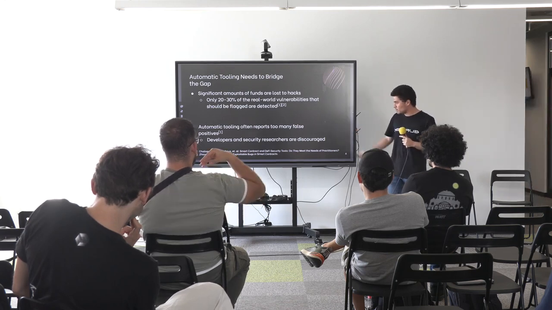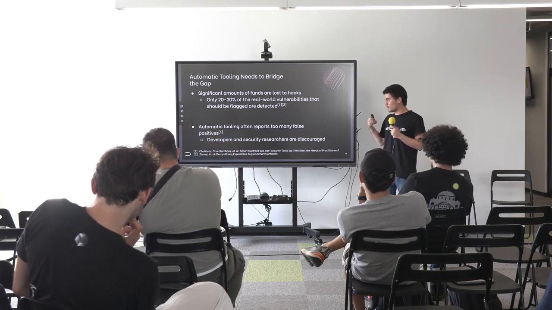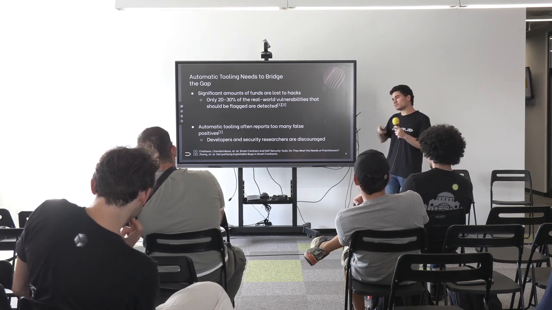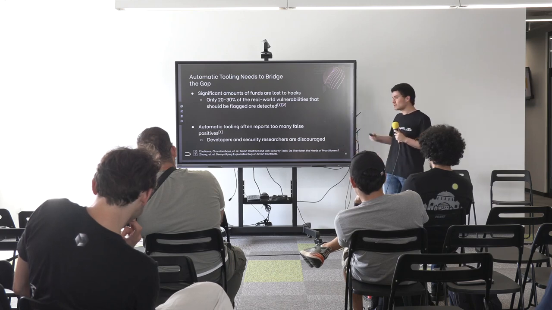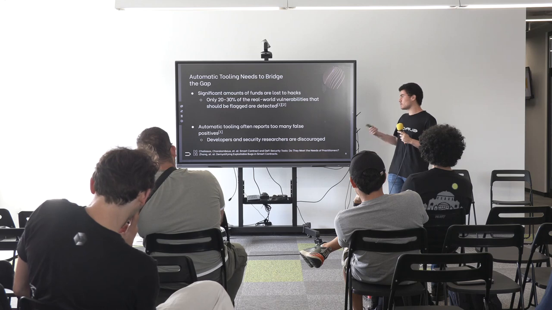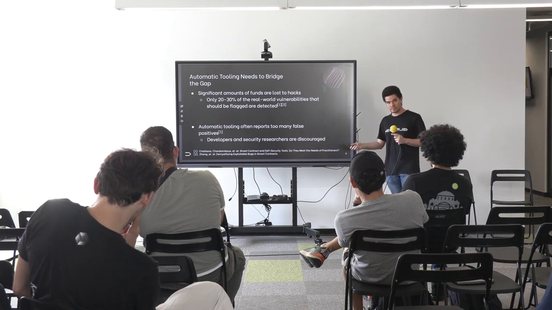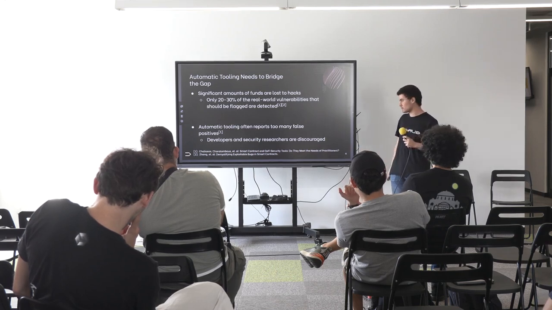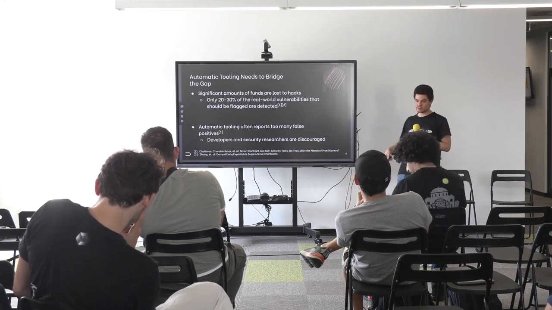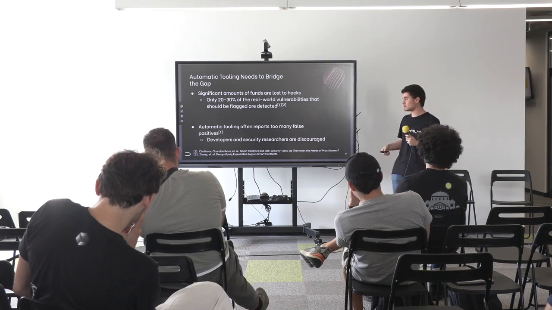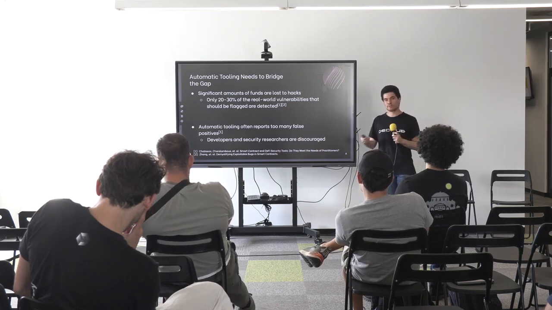I'm citing two papers here, both of which argue that publicly available tooling or automatic tooling in general only detects 20 to 30% of the vulnerabilities that it is supposed to be catching. The same papers also argue that this type of tooling generates many false positives, and this is something that discourages both the developers and the security engineers from using them.